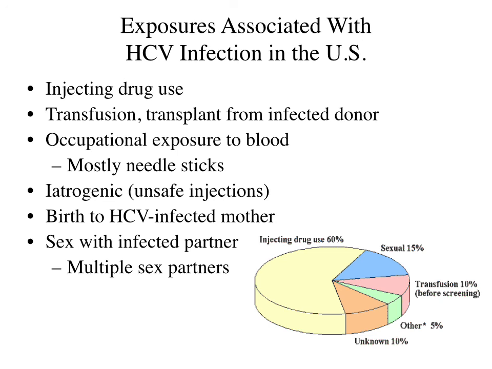And so in the pie chart you can see injecting drug use is responsible for about 60% of the exposures in the U.S., with sexual exposure amounting to 15%, and transfusion can also result in a significant number of cases. But we do have a good screening program now, so that mode of transmission risk has gone down substantially.